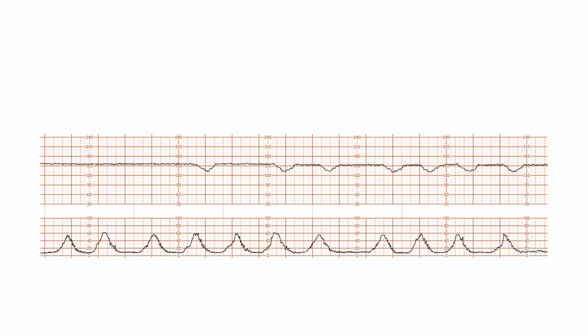As you can see here, these are late decelerations, and they are happening after the contractions, and then returning back to the baseline, and then when there's a contraction and there is some ischemia, it happens again and again.